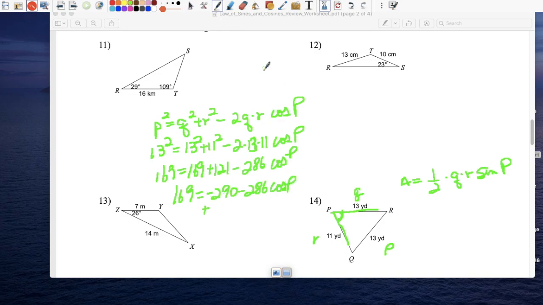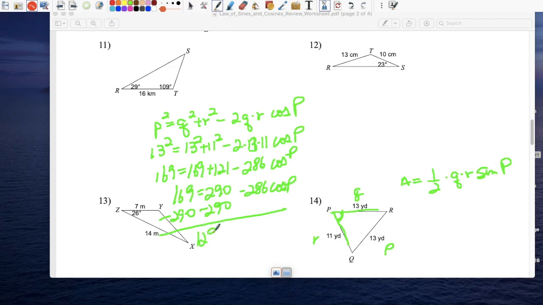Sorry, apologies. It's positive 290. Equals 290, so we're going to do minus 290 now, minus 290, and we're going to get negative 129.